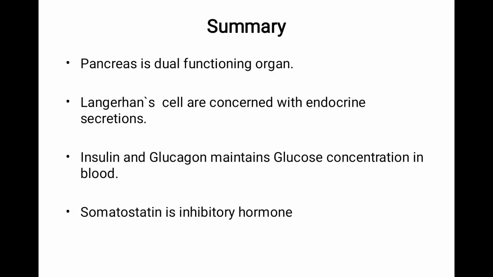Insulin maintains the glucose concentration in the blood, whereas glucagon increases the blood sugar level. Somatostatin is an inhibitory hormone that inhibits growth, induces neuromodulatory functions, and inhibits the gastrointestinal secretions.